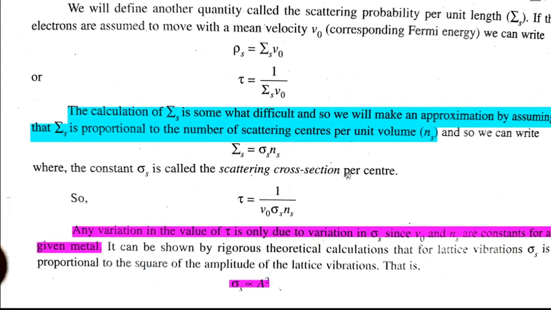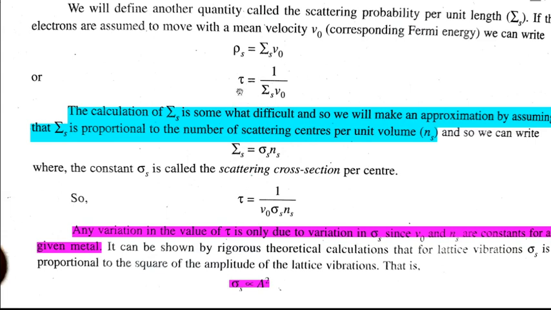So scattering cross section per center. Per cross section, how many centers you have, that will be multiplied by the number of volumes, and that will give you the probability of scattering per unit length.